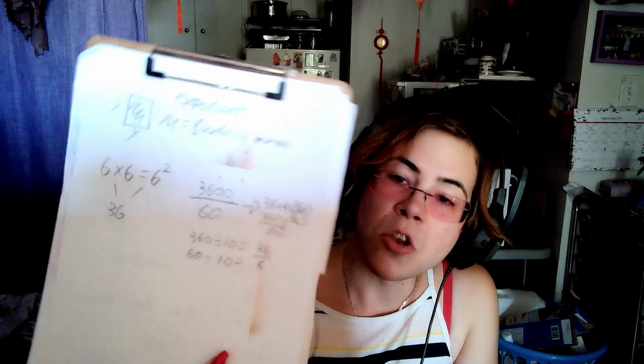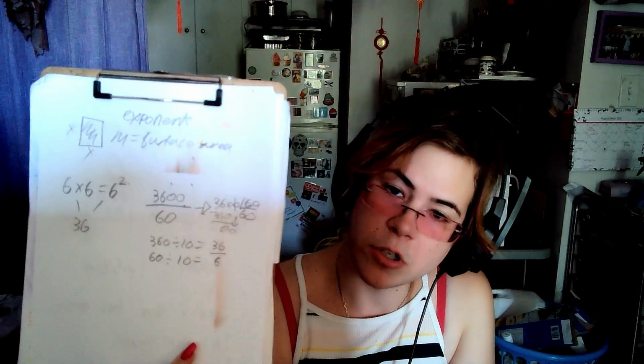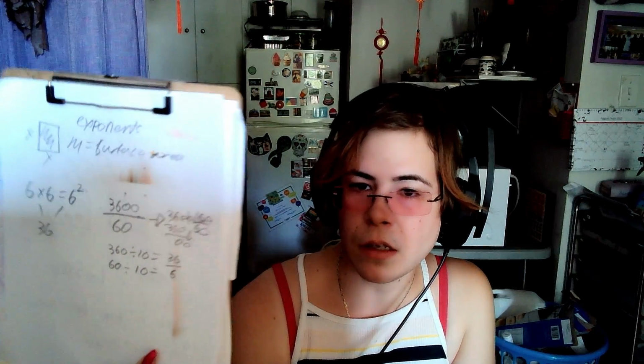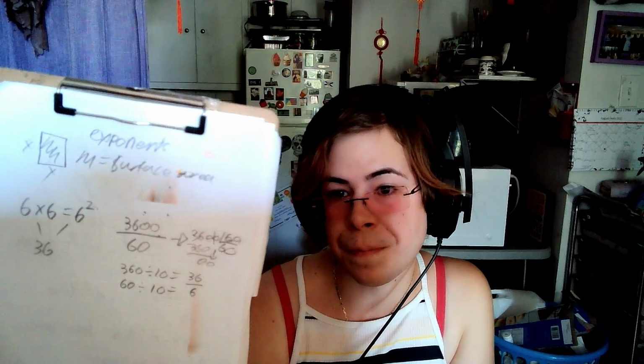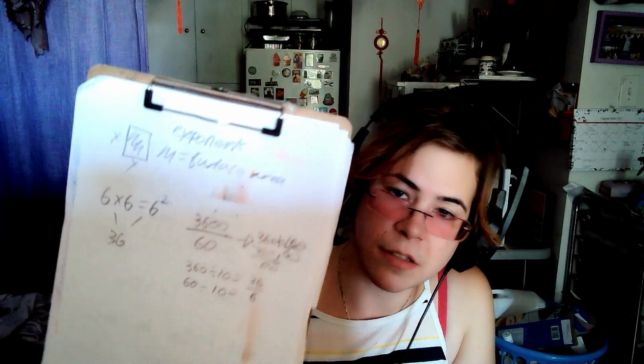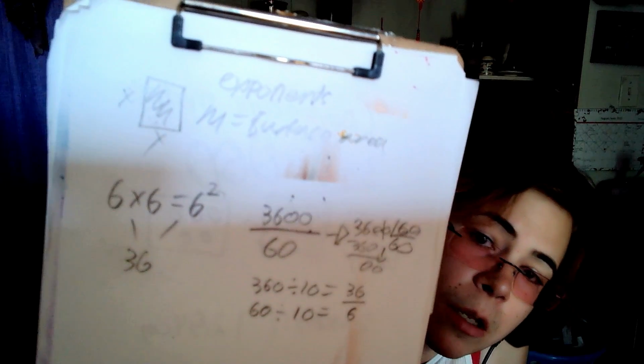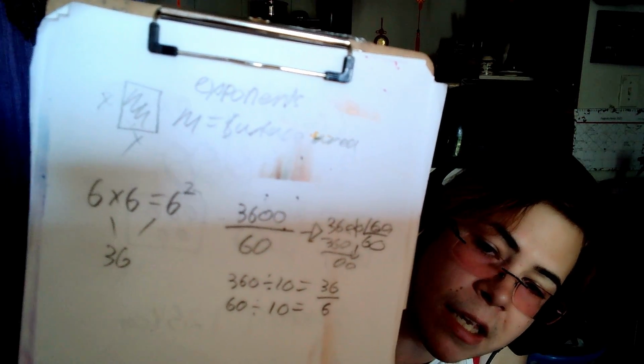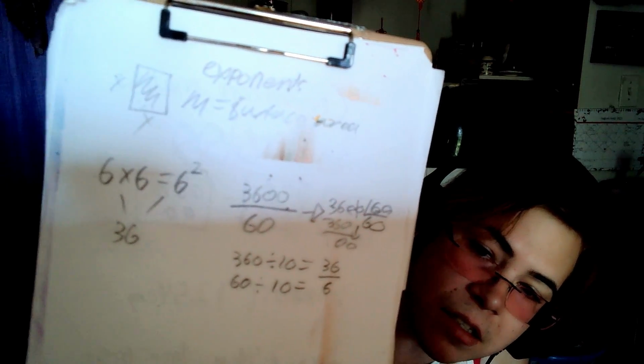And right there, you got your square root. You got your base square root on how to do 60 squared to equal 3,600. Take a good glance at it, because this right here is one of the keys.